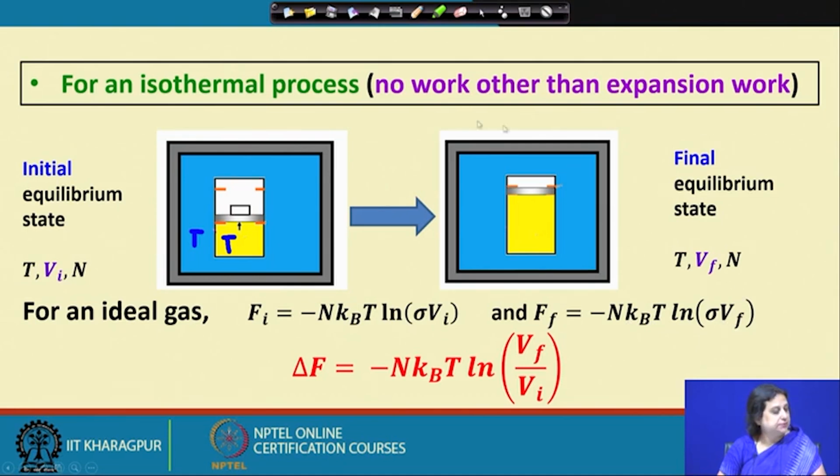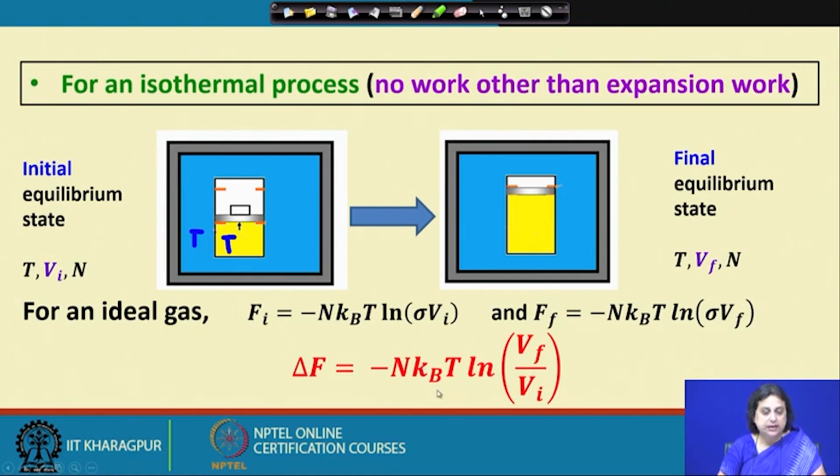Therefore, as the system passes from the initial equilibrium state to the final equilibrium state, the net change in Helmholtz free energy depends on minus nkT log of Vf by Vi.